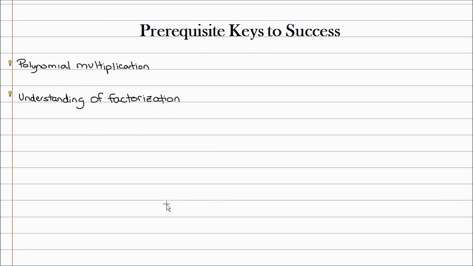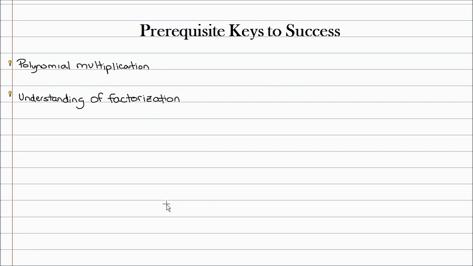There are two real prerequisite keys to success for this lecture. The first one would be that you have to be very familiar with polynomial multiplication. That's just required for the proof, but also you have to pretty much understand that polynomial multiplication is the inverse of polynomial factorization. So factoring is like dividing, and then distribution is multiplying.